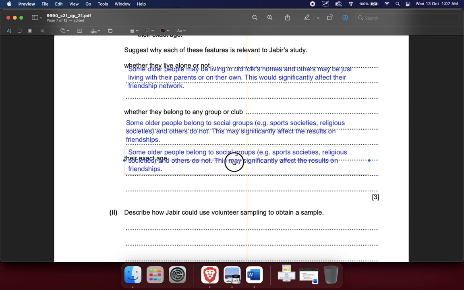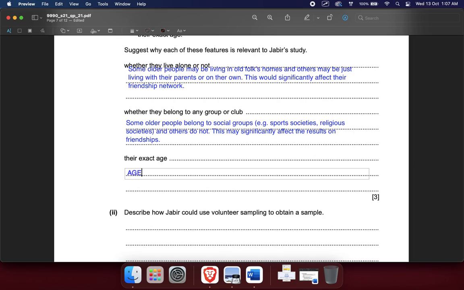Last but not the least, okay, the exact age. What does age have to do with any of this? Why is age important? So think about it. Whenever you get stumped by a question like this, you have to really use your common sense and think, right? When it comes to old age, what happens to people when they reach a certain age? They die, right?